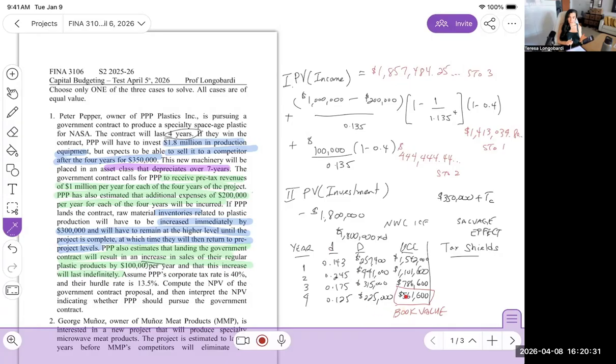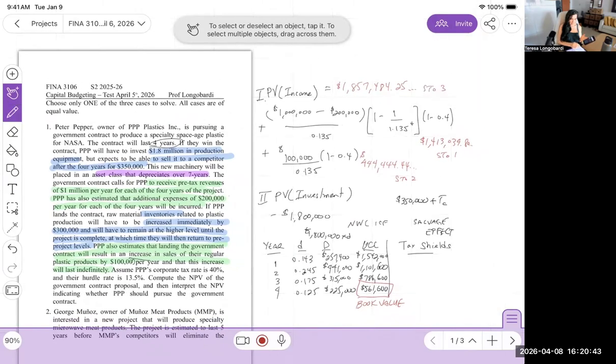So we're going to save on taxes, right? We're going to have tax savings because we're going to declare this loss, claim this loss.